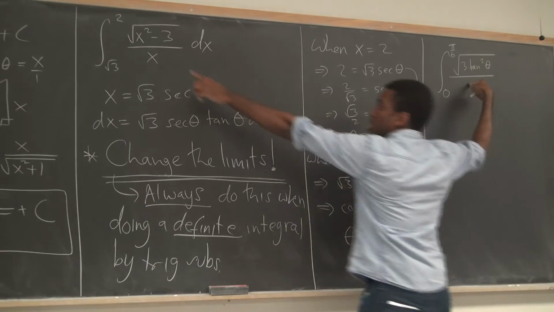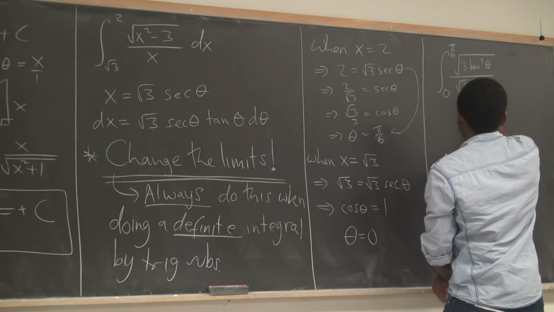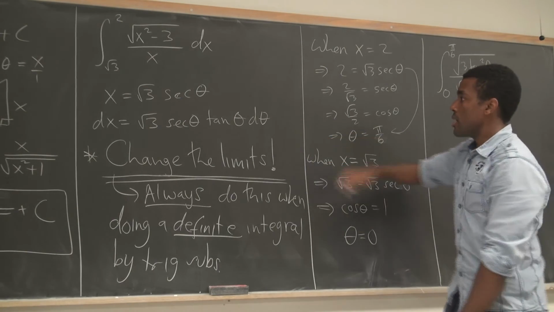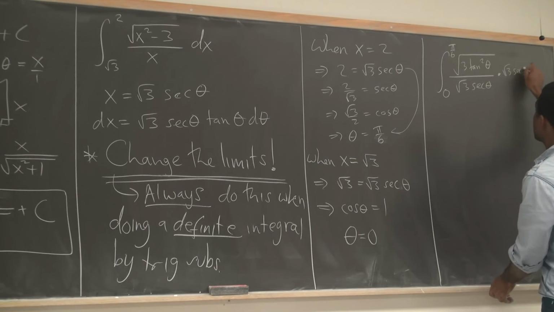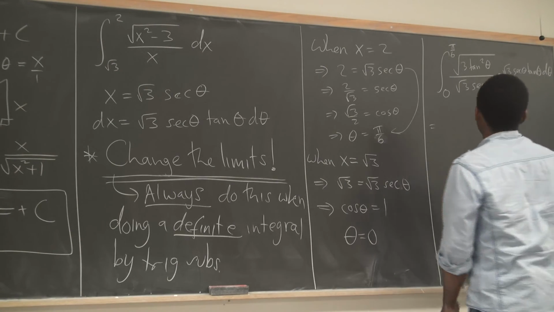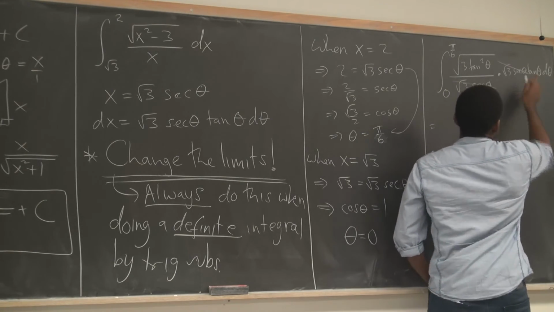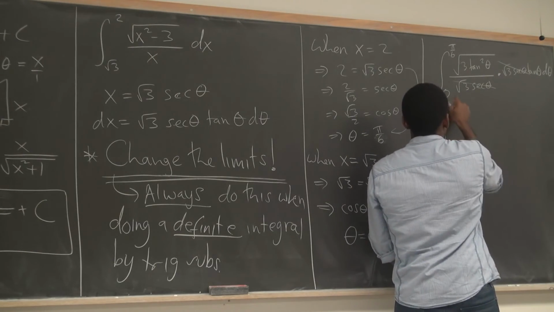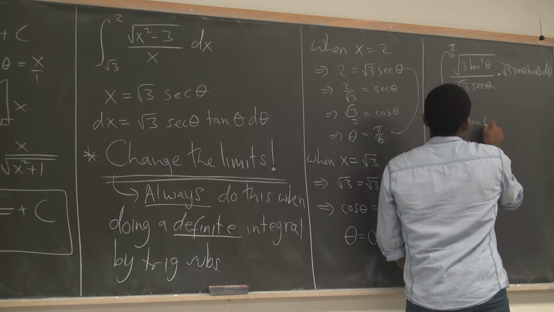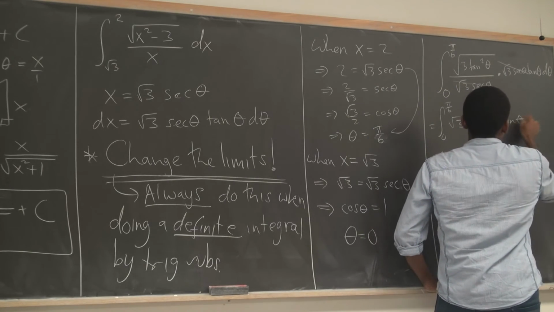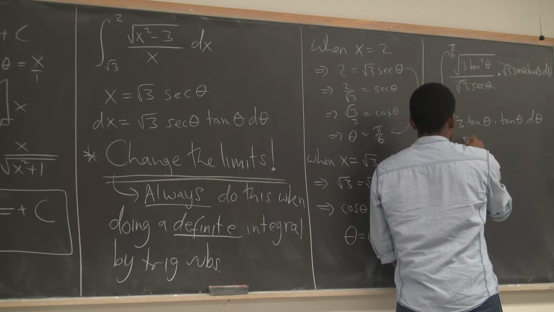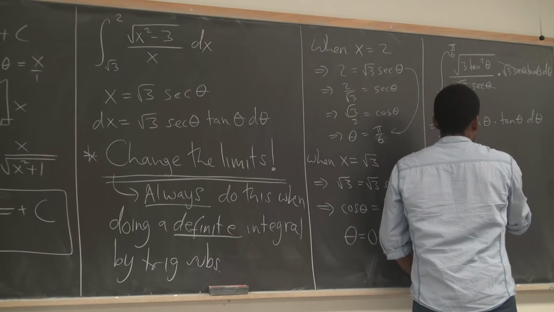My x itself is radical 3 secant, times my dx, radical 3 secant tangent. So radical 3 secant cancels the radical 3 secant. At this point, this becomes radical 3 tangent times tangent. So I get radical 3 times the integral of tangent squared.